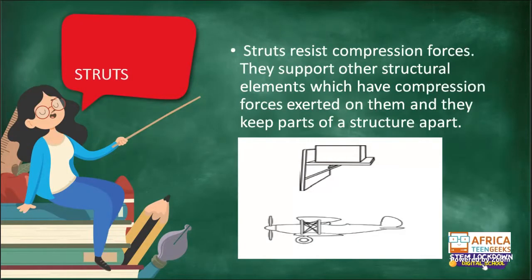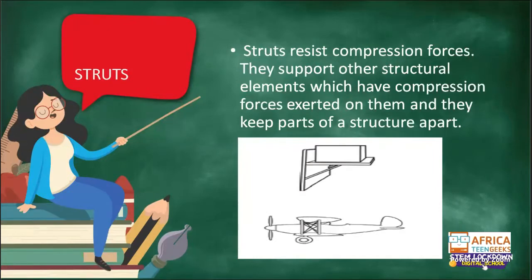Okay, now let's look at the struts. So we said struts resist compression forces. So here they support other structural elements which have compression forces exerted on them, and they keep parts of a structure apart. So as you can see, look at the top of the diagram, the bottom one, you have got a strut there so that it will what? Keep this structure apart.